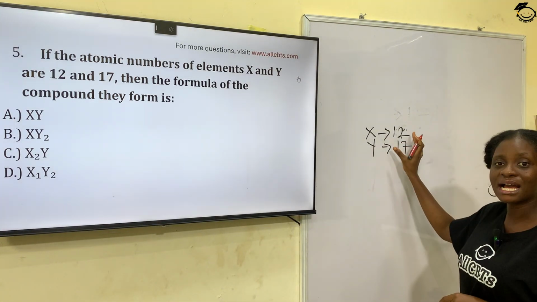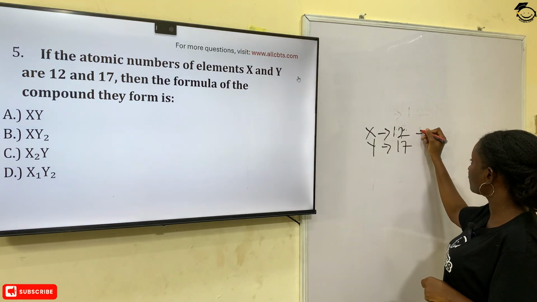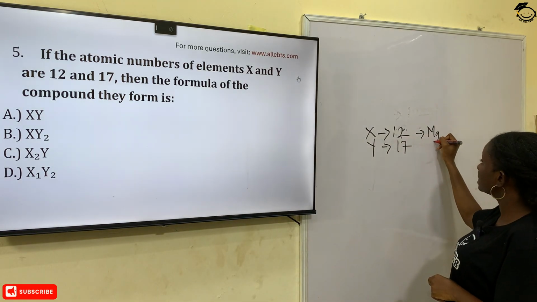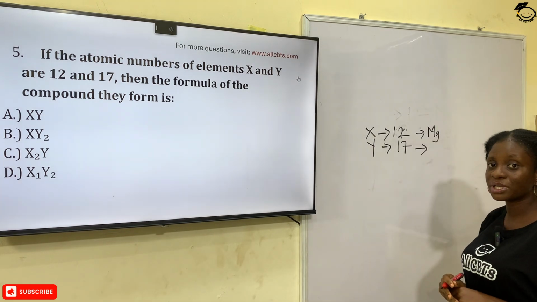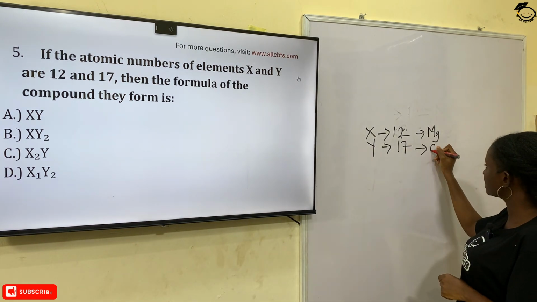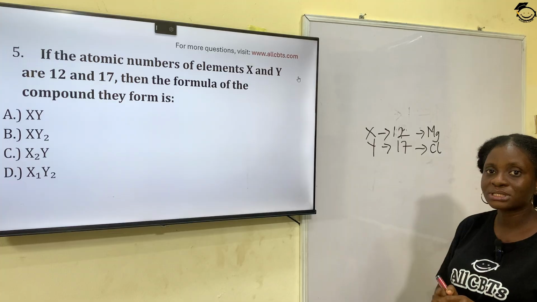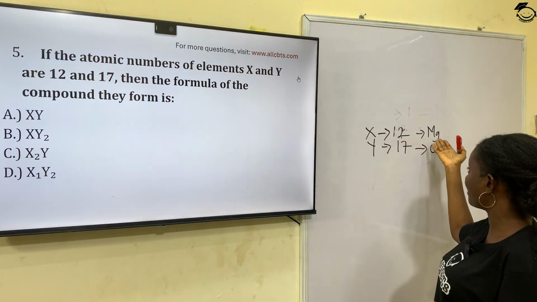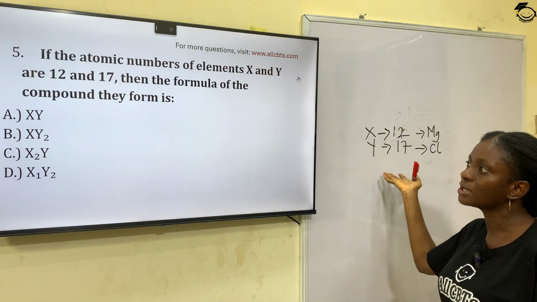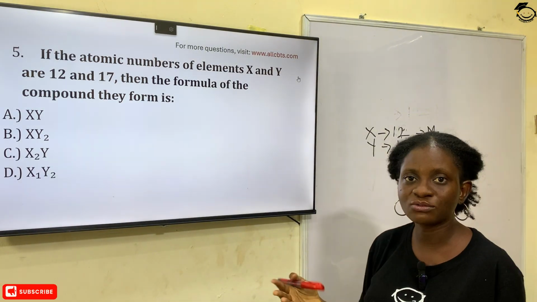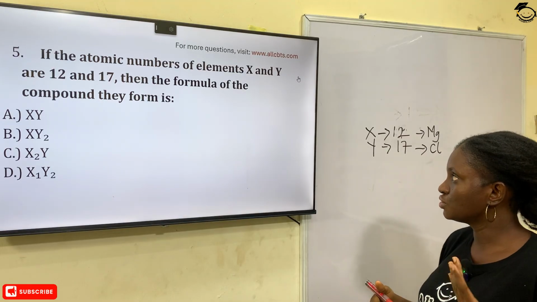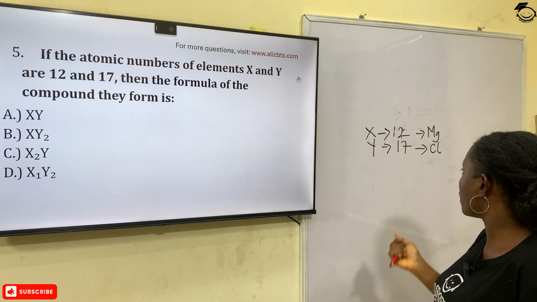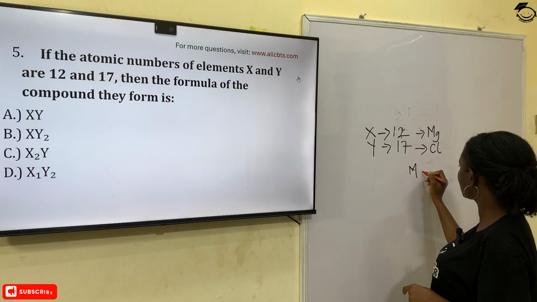The element that has the atomic number 12 is magnesium. Then the element with the atomic number 17 is chlorine. So the question is asking that when they react together, magnesium plus chlorine, what formula of compound do they form? They form magnesium chloride.